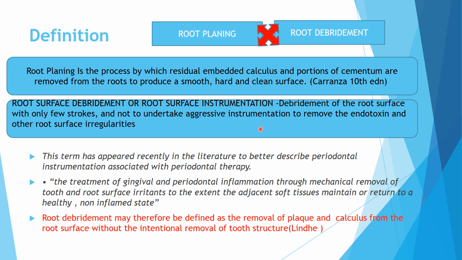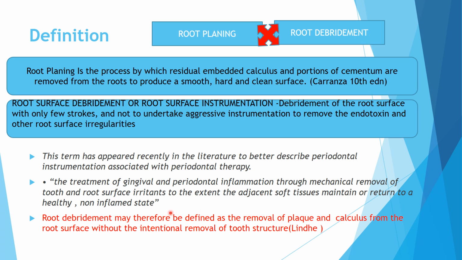Okay, so this will be clear from the following details. This term has appeared recently in the literature to better describe periodontal instrumentation associated with periodontal therapy. It is the treatment of gingival and periodontal inflammation through mechanical removal of tooth and root surface irritants to the extent that the adjacent soft tissues maintain or return to a healthy, non-inflamed state.